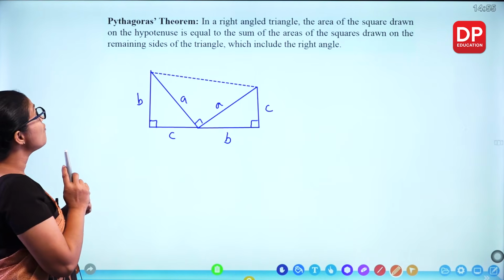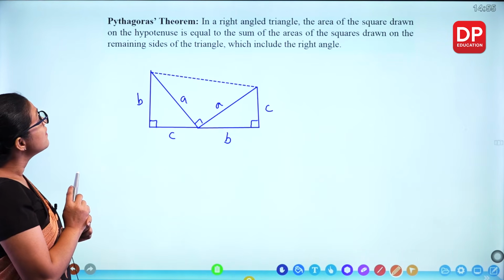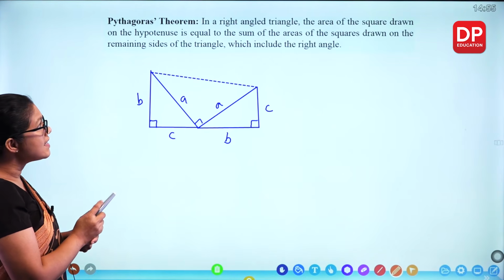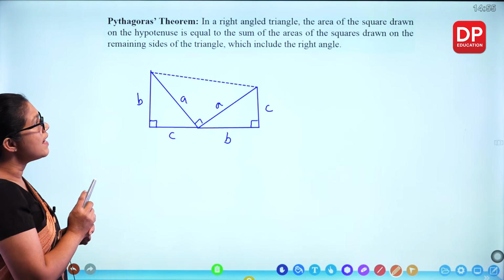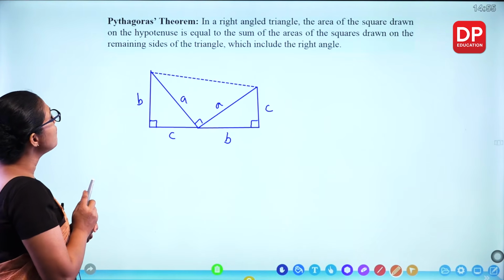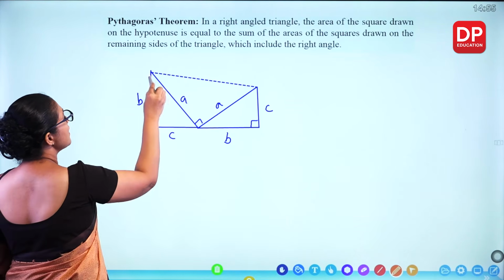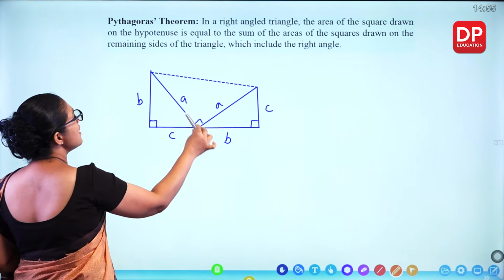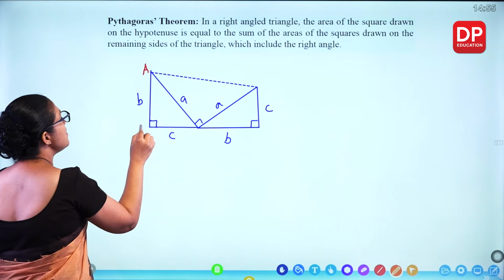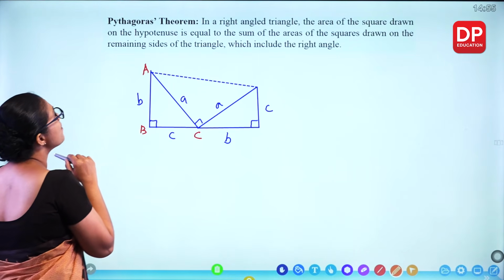So we'll see what Pythagoras mentioned about the theorem. In a right angle triangle, the area of the square drawn on the hypotenuse. So if you take this triangle, this is the hypotenuse. I'll label it ABC triangle. AC is the hypotenuse.